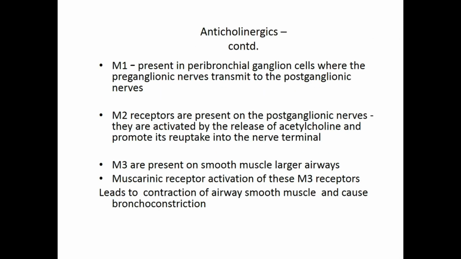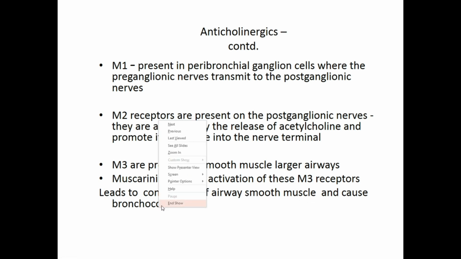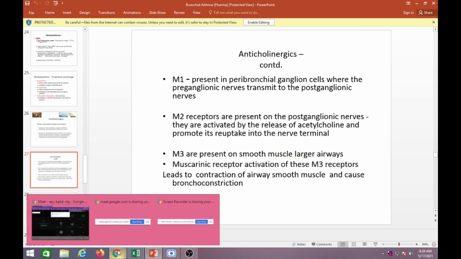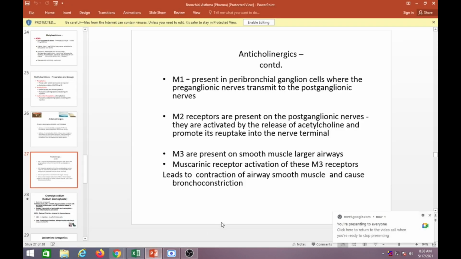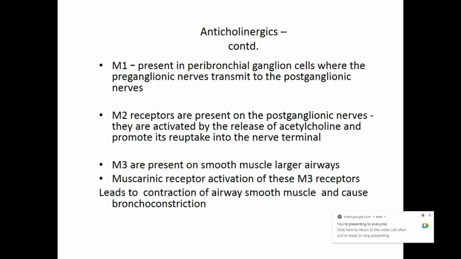It works through these receptors like M1, M2 and M3. But M3 are mostly important in the smooth muscle of larger airways. And muscarinic receptor activation of these M3 receptors will lead to contraction of airway smooth muscle and cause bronchoconstriction. So, again I am repeating, M1 is present, M2 is present, all related to acetylcholine.